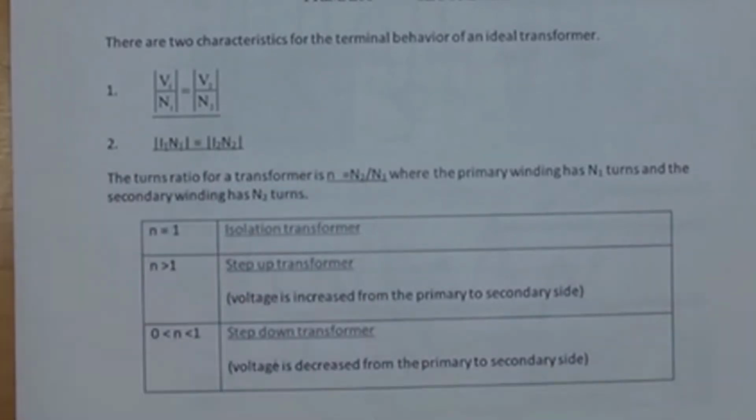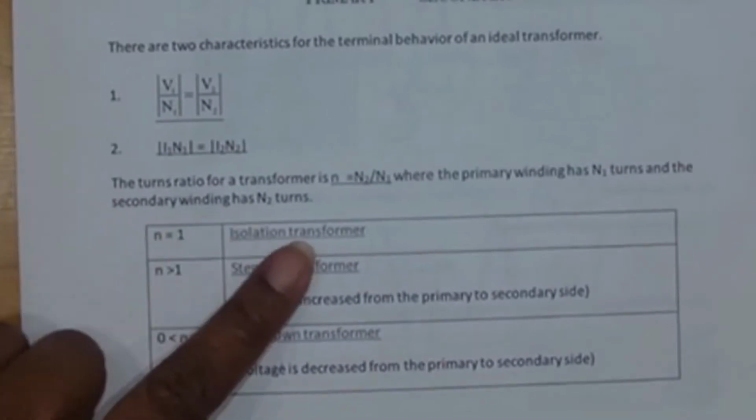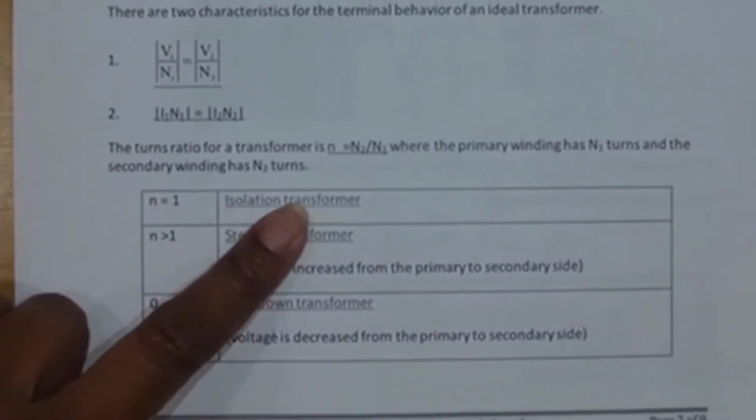Lowercase n represents the ratio N2 over N1, where the primary winding has N1 turns and the secondary winding has N2 turns.